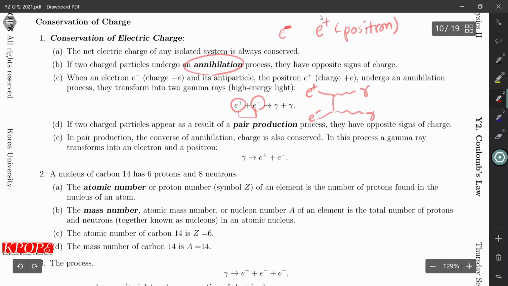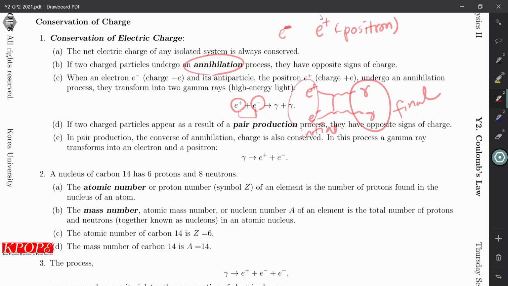This kind of process is allowed, and it is called pair annihilation. In this pair annihilation, the net electric charge in the initial state and the total electric charge in the final state are the same. 0 equals 0.